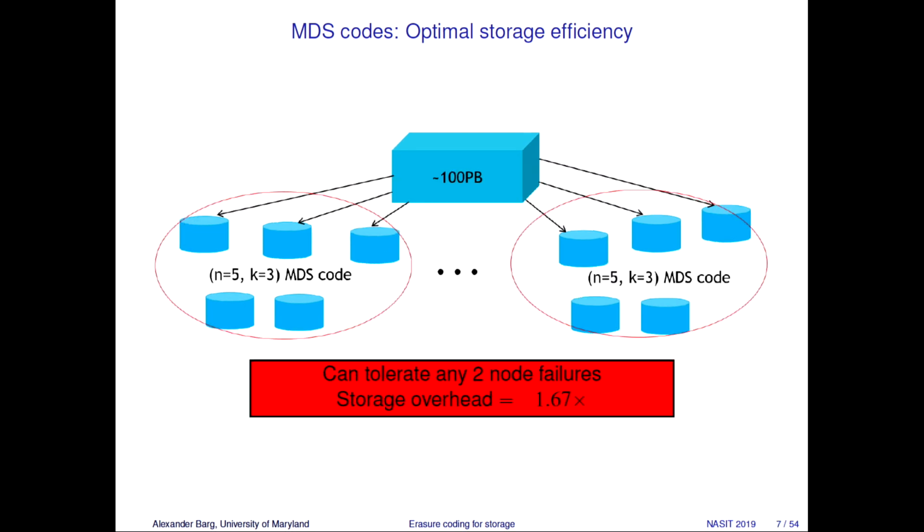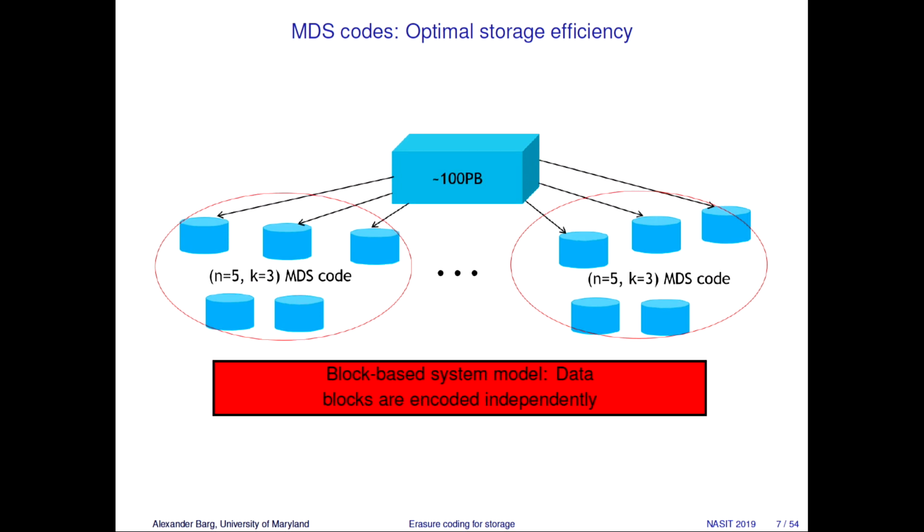So this thing can tolerate, again, any 2 node failures because of the properties of the code that we shall discuss in more detail a bit later. And the storage overhead is now 5/3, which is 1.67, which is less than 2, or less than 3 on the previous slide. So this is better than replication in that respect. Block-based system model. Well, it just says that the data blocks are encoded independently. Nothing much.